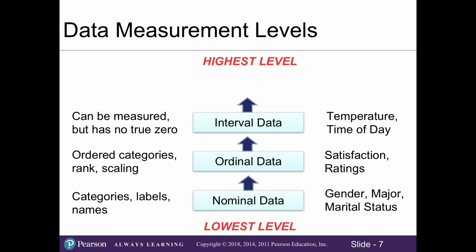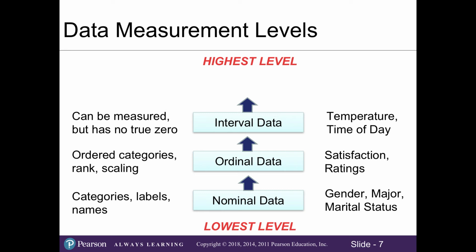This type of data can be measured, but it has no true zero. So for instance, the most commonly used example is temperature. No true zero, meaning, for instance, if I told you it was 0 degrees Fahrenheit, you know that means it's really cold. So there is something that is occurring at 0. There's no true zero in that sense.